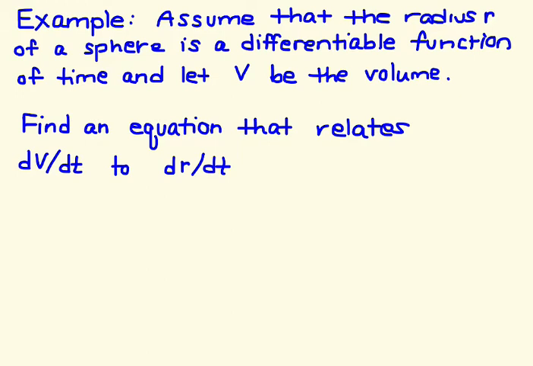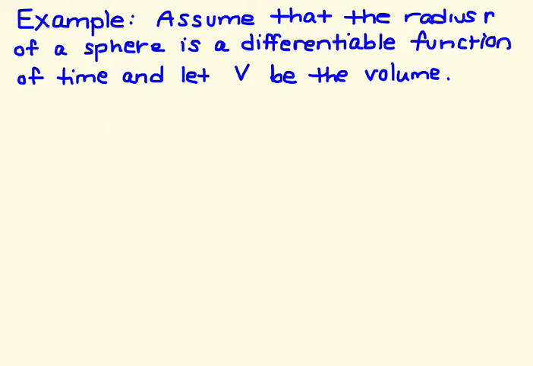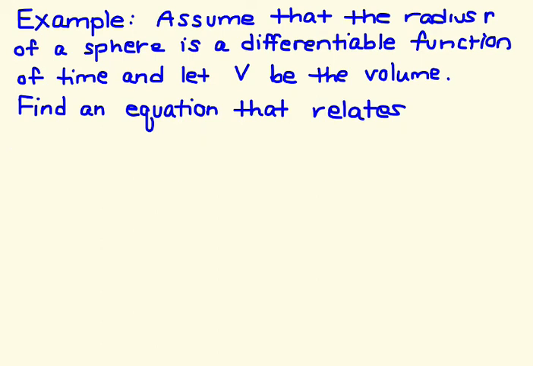Assume that the radius of a sphere is a differentiable function of time, and let v be the volume. Find an equation that relates the change in the volume with respect to time and the change of the radius with respect to time. And this is a sort of a simple one. As the previous problem had x and y, we had 3 rates that were related. Now we only have 2 rates that are related.